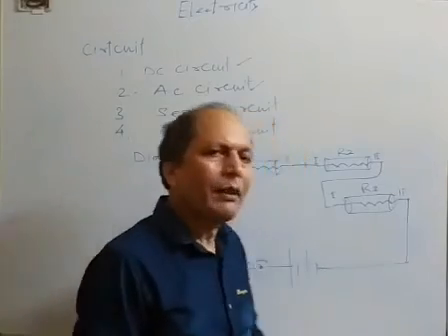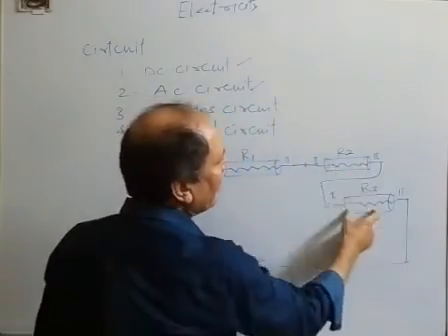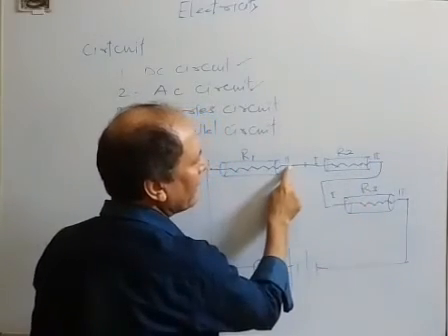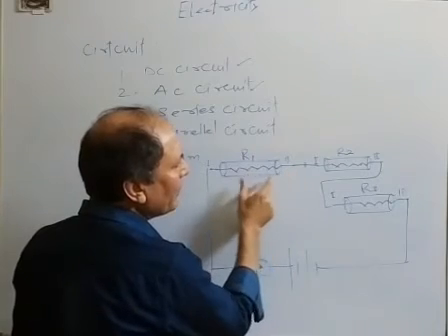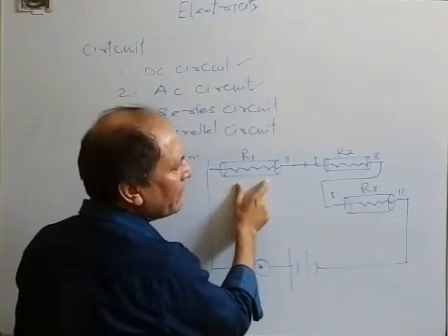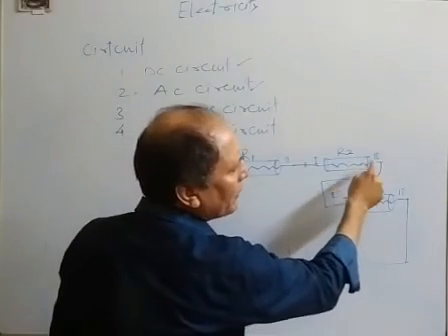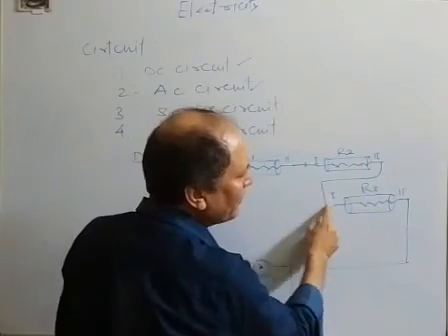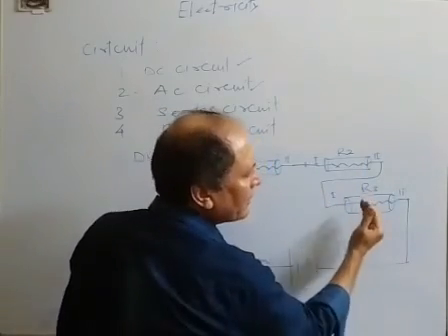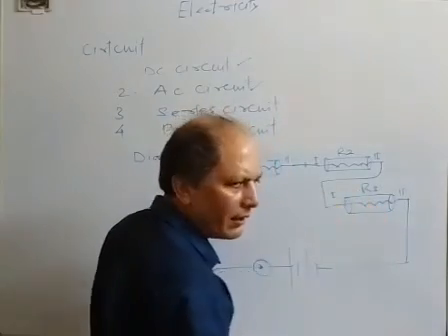Once again, in series circuit, resistors are connected end to end, in which second terminal of first resistor is connected with first terminal of second resistor. Second terminal of second resistor is connected with first terminal of third resistor, and after third there is no resistor, so third will be the last resistor.